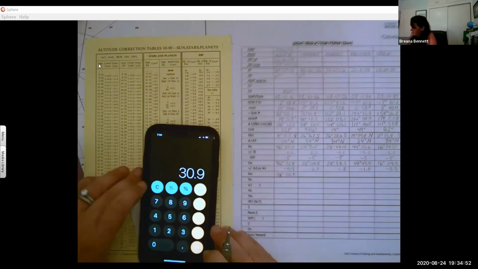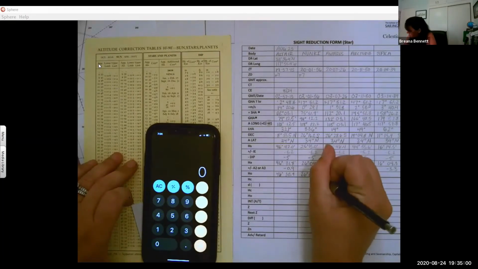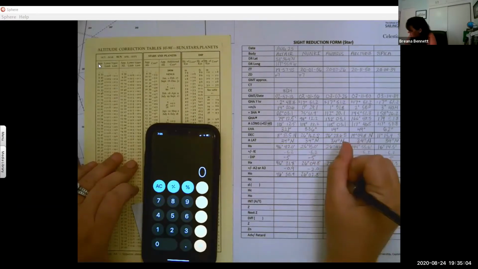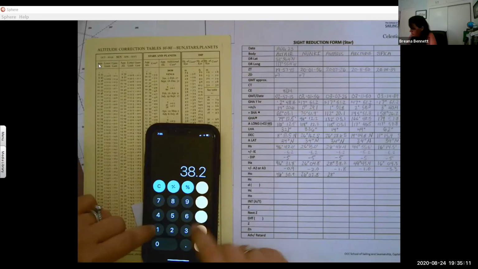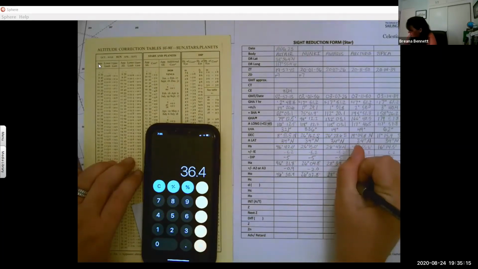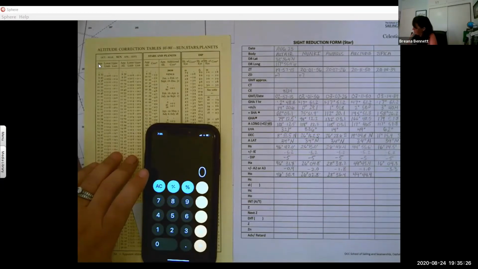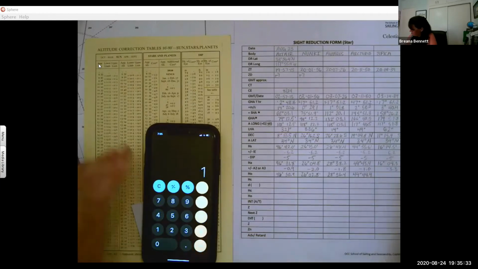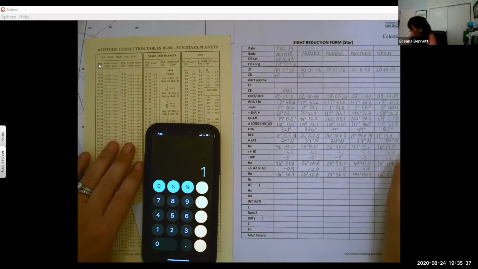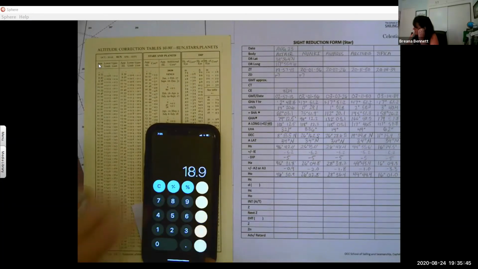Okay. 26 degrees 02.8. 58 degrees 38. 44.4, lots of fours. 4.3 minus 3.3, 1.1, and 19.8 gives us 18.9.